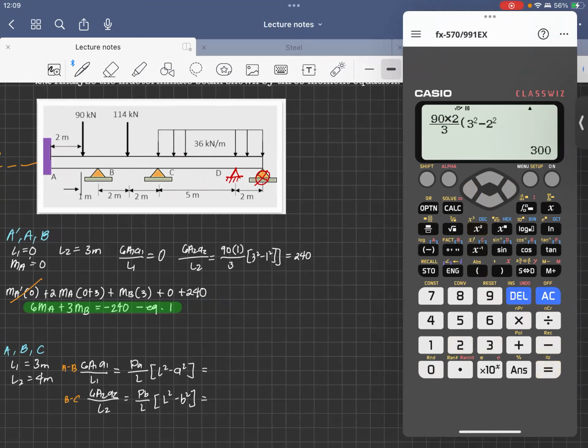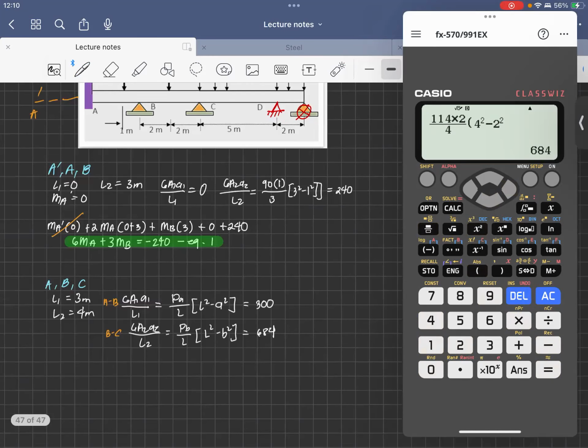So you have 300. Then PB: 90 times, PB is B to C. So the load there will be 114 times 2 over 4 times 4 squared minus 2 squared. So you have 684.